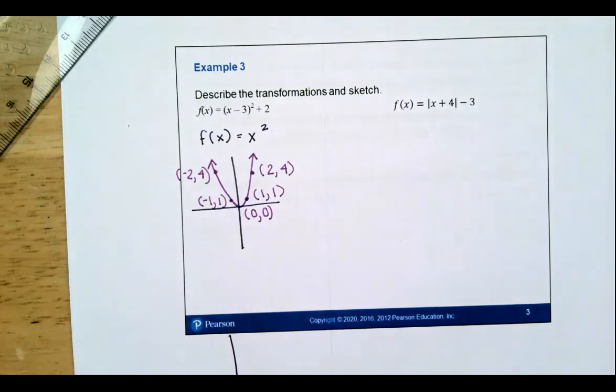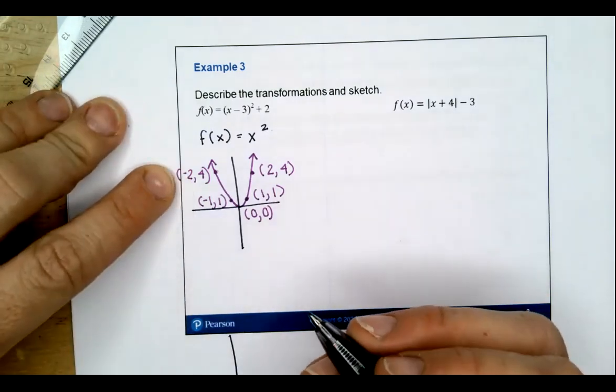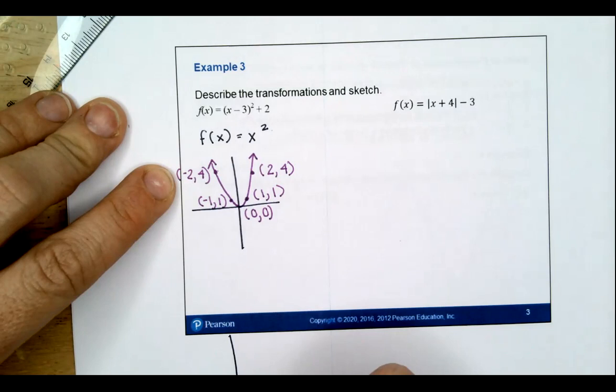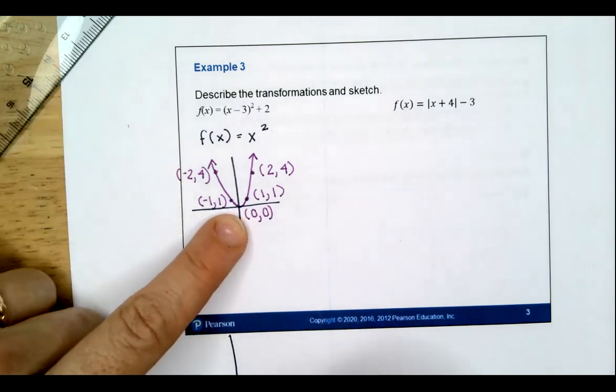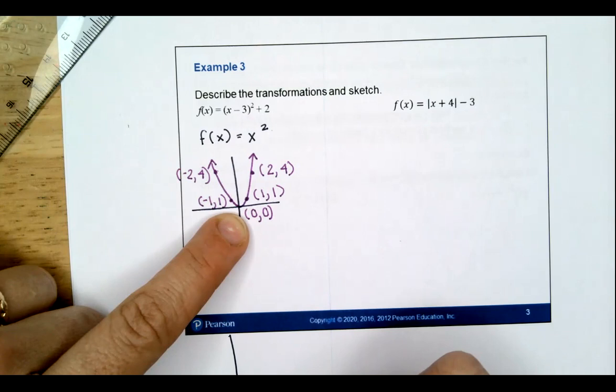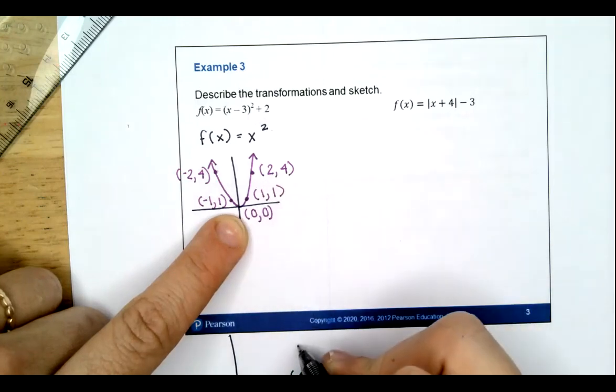So negative 2 plus 3. Let's start with 0, 0. Okay, so we had 0, 0. Now we're going to change that to 3, 0. 1, 1 is going to become 1 plus 3 is 4, so 4, 1. 2, 4: 2 plus 3 is 5, so that's 5, 4.